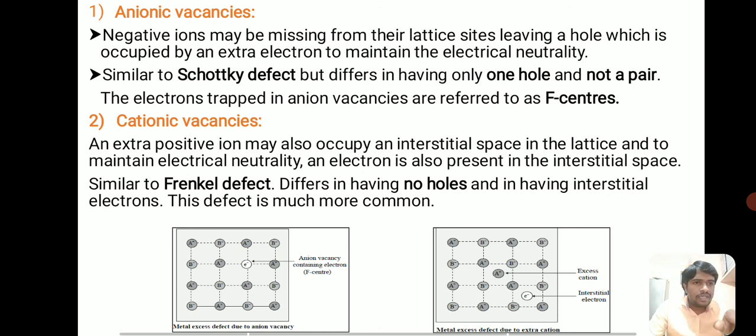You can observe here one positive ion occupying the interstitial position. So in order to maintain electrical neutrality, an electron is also present here. It is similar to Frenkel defect but differs in having no holes and in having interstitial electrons. This defect is much more common.